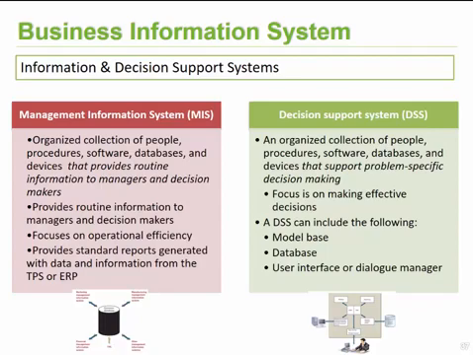The model base would be rules that guide you in order to get to certain decisions. The database would be your facts that you're going to record. The user interface or dialogue manager would be the connection between the individual and this particular system, asking them for information, then making decisions and informing them of such decisions.